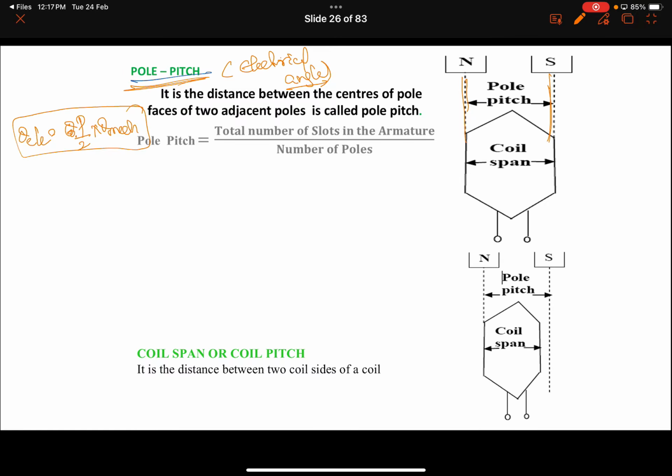What is the formula here? Just quickly write it out. Pole pitch is equal to the total number of slots per pole, so it is S by P. In short, we'll write it as number of slots per pole.